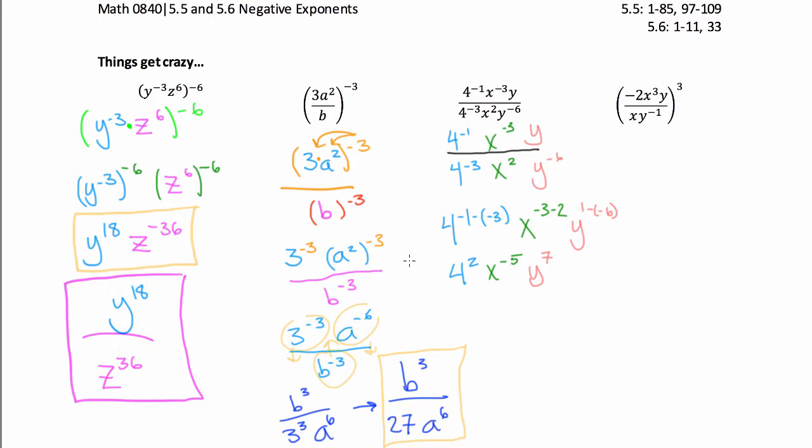Now, these guys are happy, but this has a negative exponent, so it's going to want to go down. So what I end up with is 4 squared is just 16. X to the 5th is going to go downstairs. So it was negative upstairs, it goes downstairs, it becomes positive. And then my y to the 7th stays up top. And that's complete.